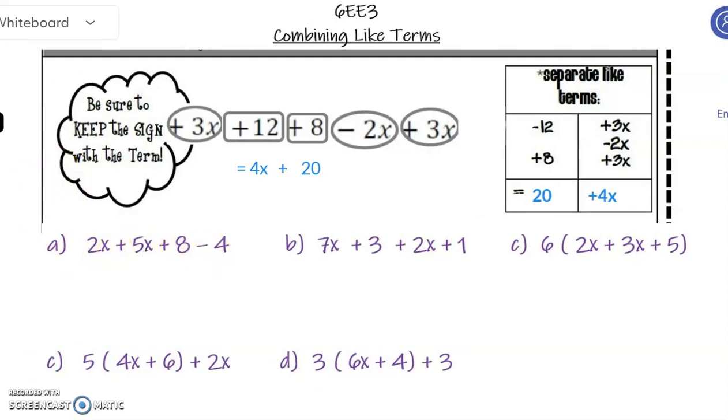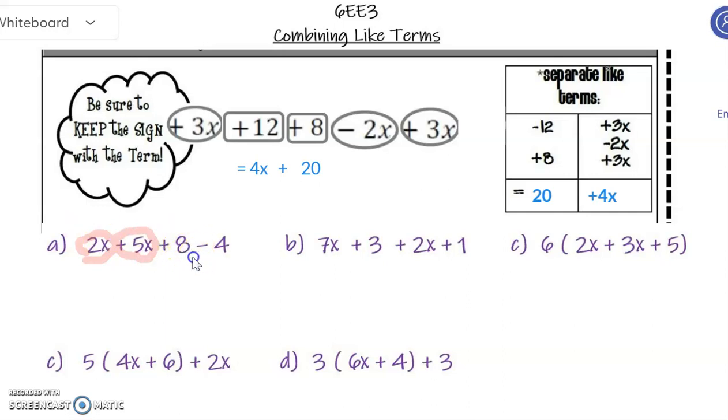So if you take a look at this A, we want to first look at, I'm going to highlight them, all of my coefficients and variables. So I'm going to go ahead and circle 2x and a positive 5x. That's all the x's that I see.